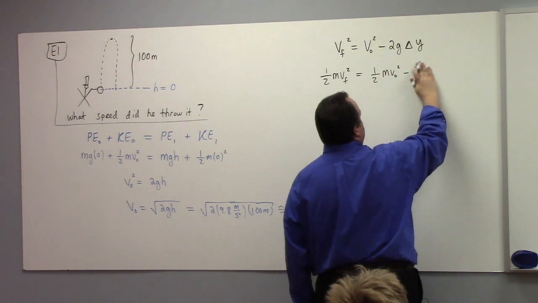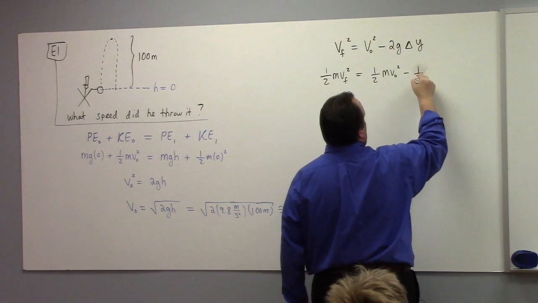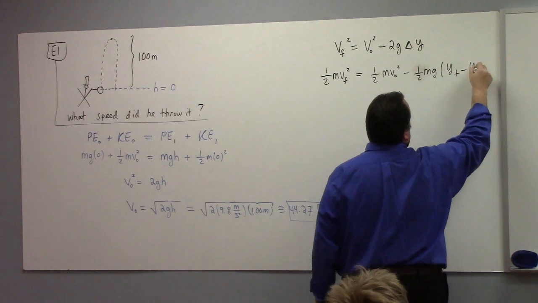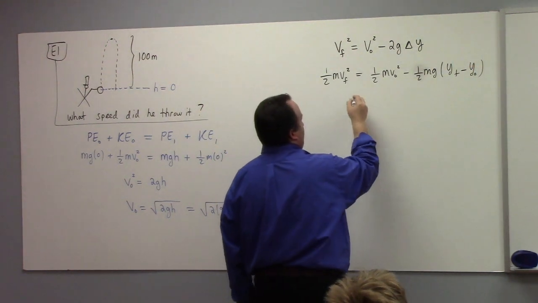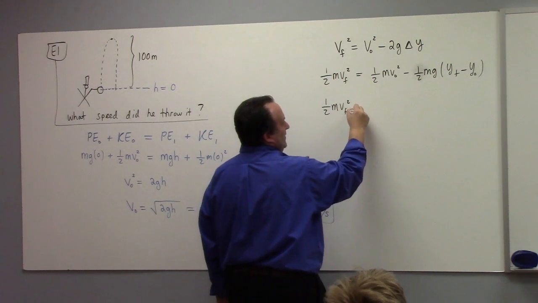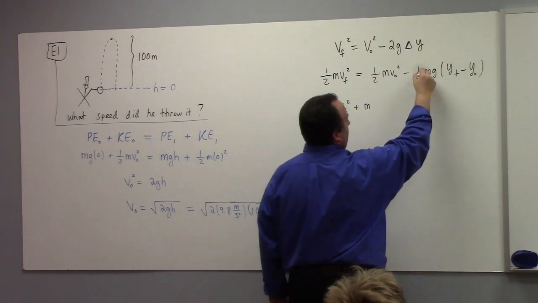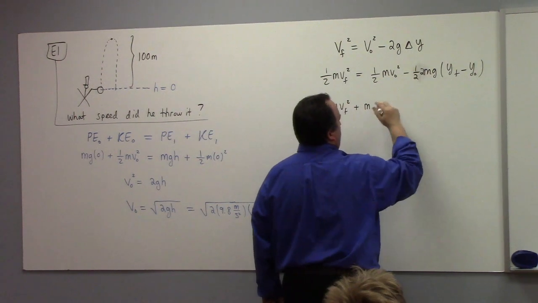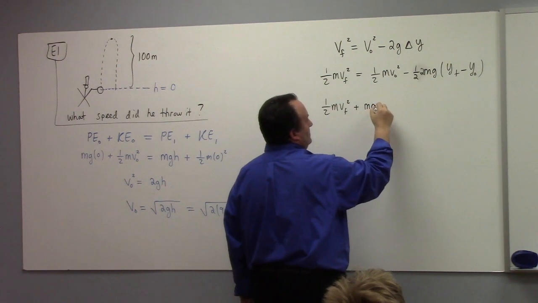Well, what is that? That's exactly 1/2 mvf squared, right? Plus m, there's a 2 here. My bad. There's a 2. Plus mgyf.